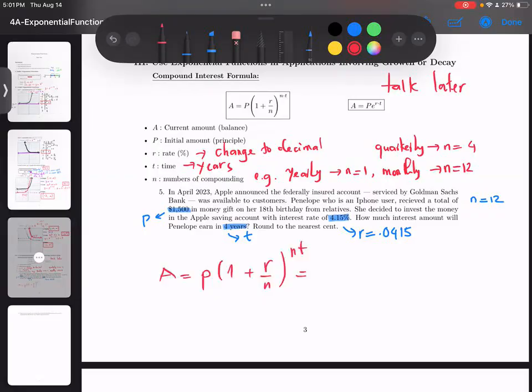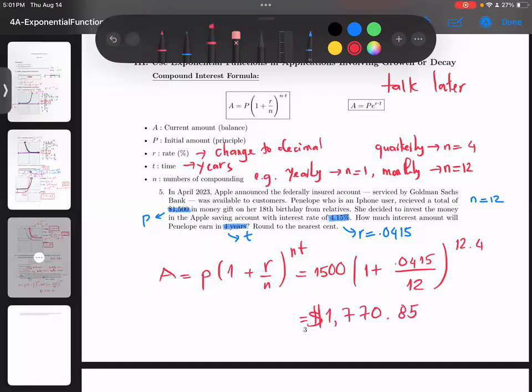So P is 1,500, 1 plus 0.0415 divided by 12, and then 12 times 4. That would be 1,770, and always round to the nearest cent because we talk about money here. That's how much you got after 4 years. Not a lot.